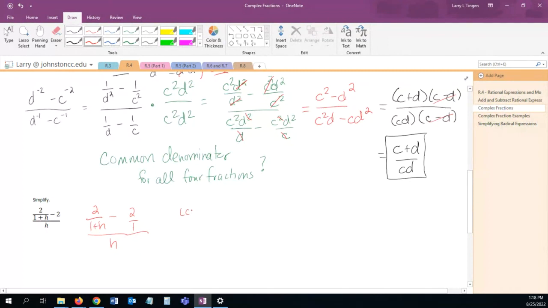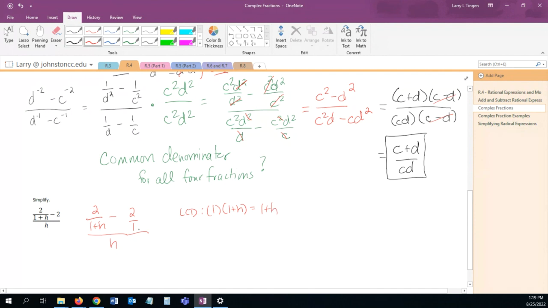What's the LCD here? Well, just like the piece before, this has a denominator of 1, this has a denominator of 1 plus h. So my LCD is 1 times 1 plus h, because this doesn't have a factor of 1. I know it's got the 1 plus, but that's not just 1 sitting by itself. So I've got 1 times 1 plus h, which is 1 plus h.